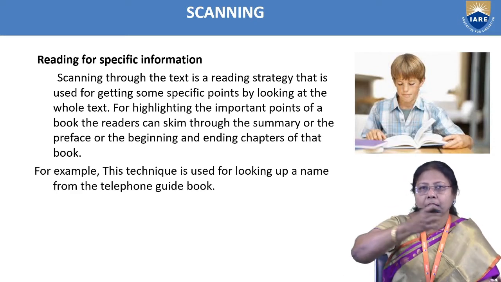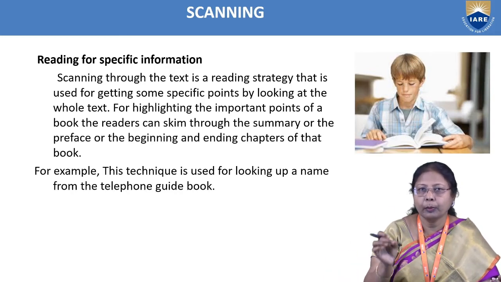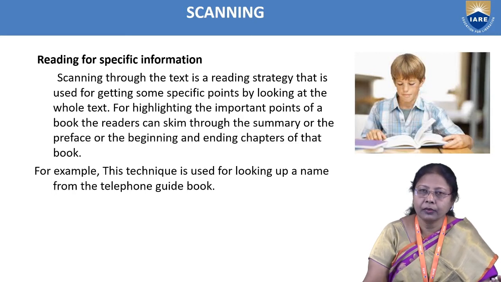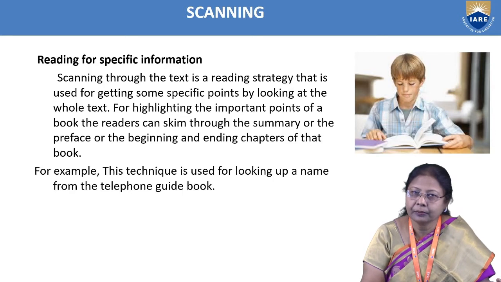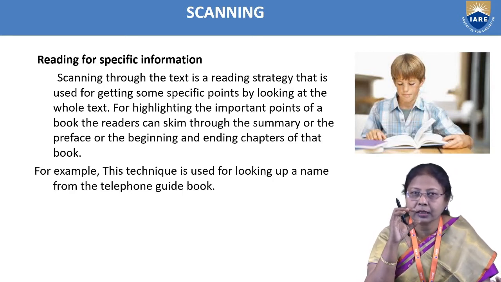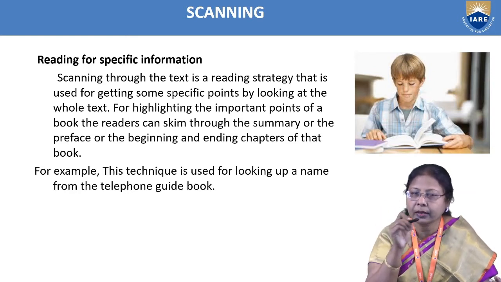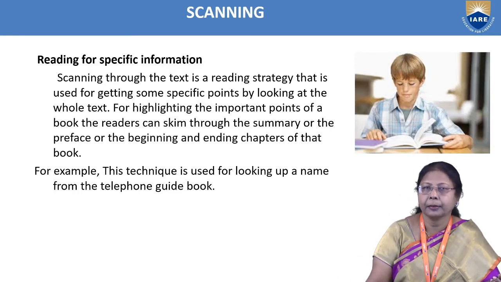Right from the beginning till the ending of the chapter, they keep on scanning. For example, we use this technique for looking for a name in the telephone directory. Have you seen the telephone guide, what we call the telephone directory? If you want a number, we just keep on scanning each and every number till we get the particular number we are searching for. This is nothing but scanning.